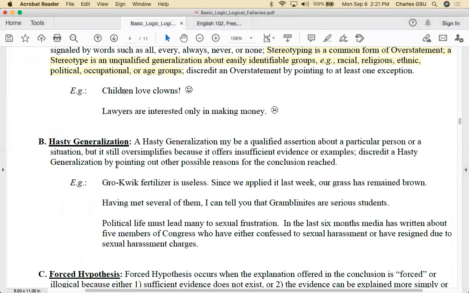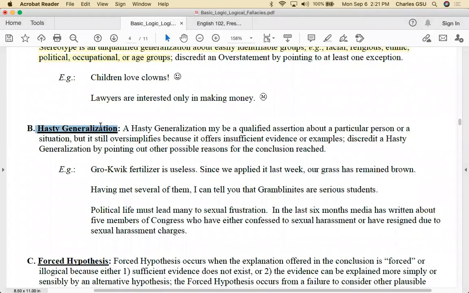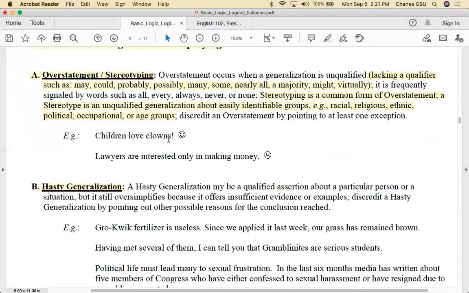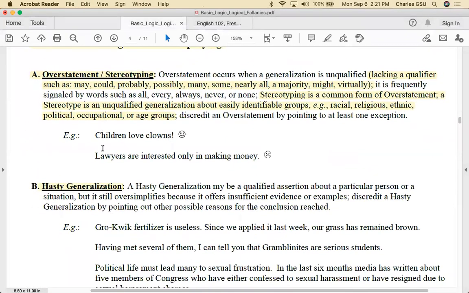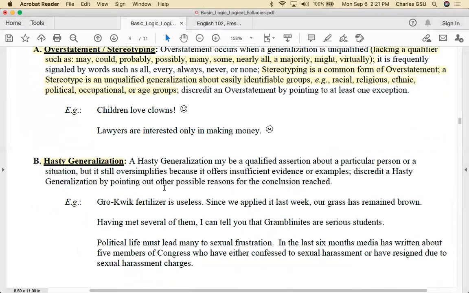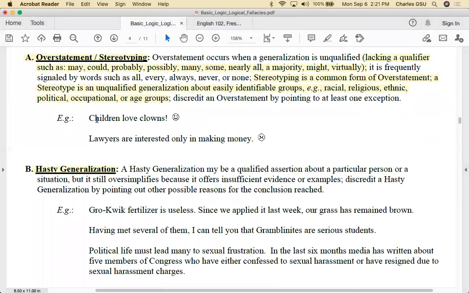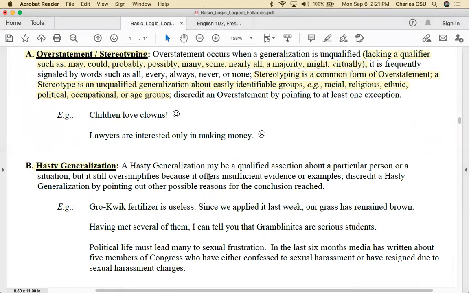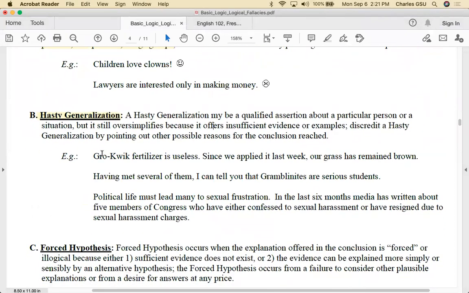All right, moving on to hasty generalization, letter B. Hasty generalization is similar to overstatement. There's a fine line between these, but notice that in these previous one-off statements of overstatement, there are no real facts given. What hasty generalization does is try to create an inductive argument.